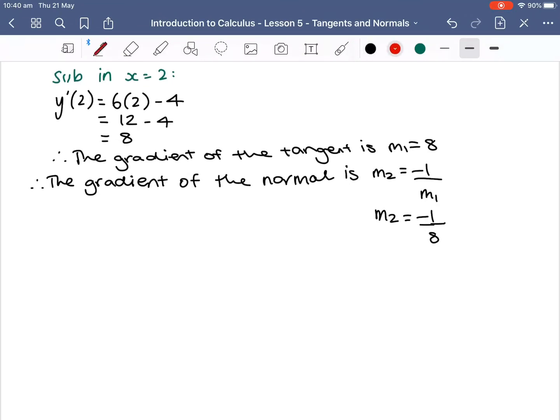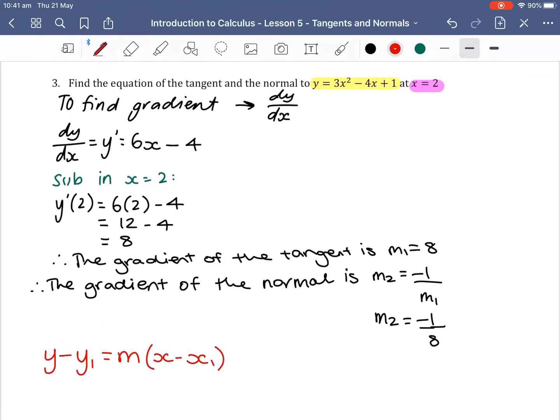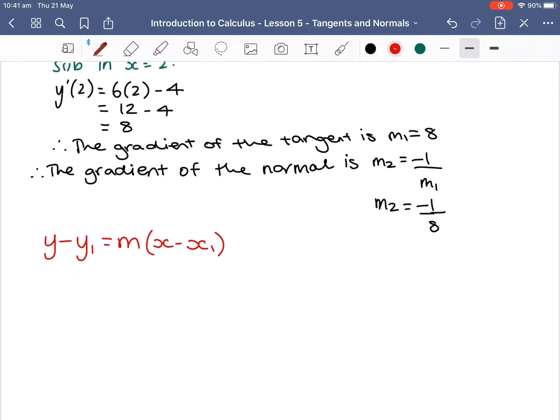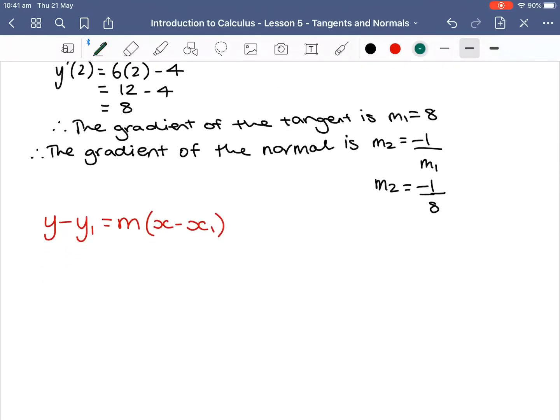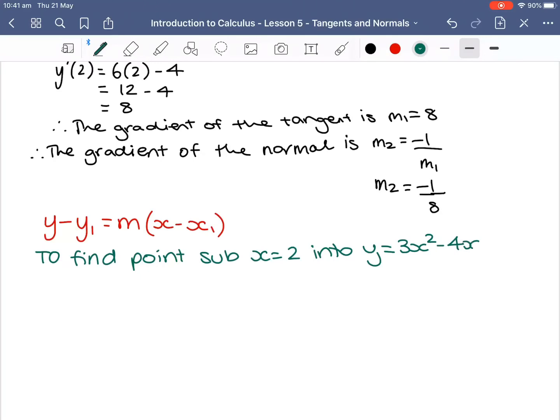Now in order to find our equation, we want to use y minus y1 equals m bracket x minus x1. But you'll note we only have the point x equals 2, so we need to find our point. To find the point, sub x equals 2 into y equals 3x squared minus 4x plus 1.